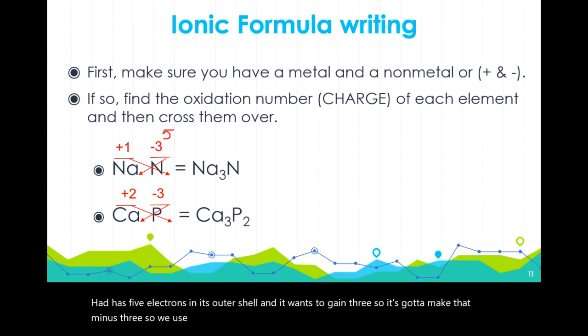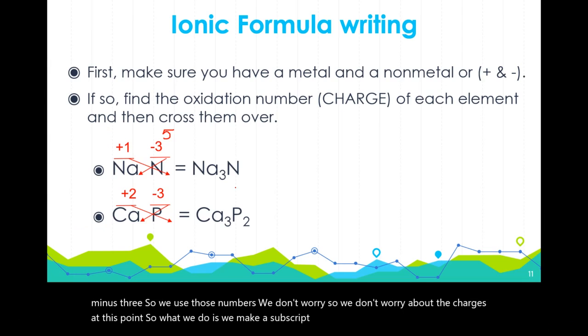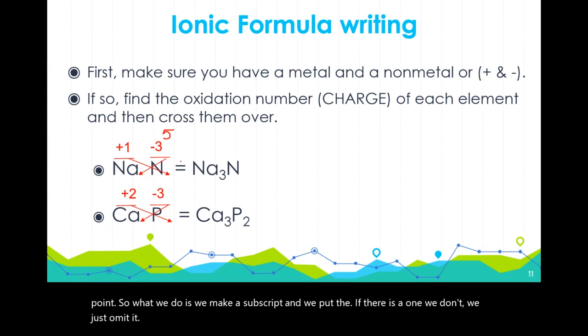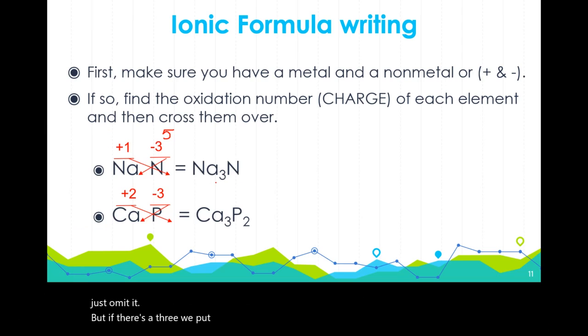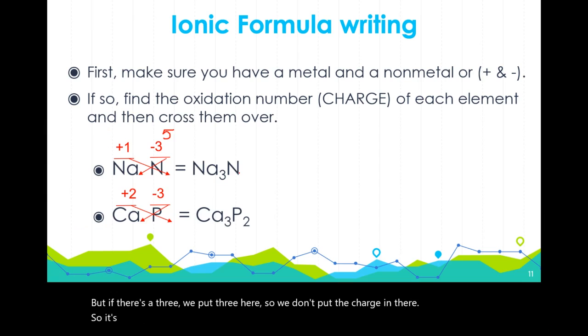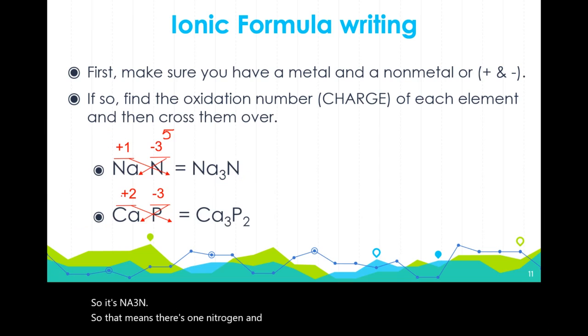We use those numbers; we don't worry about the charges at this point. We make a subscript, and if there is a 1, we just omit it. But if there's a 3, we put 3 here. So we don't put the charge in there. So it's Na3N. That means there's 1 nitrogen and 3 sodiums.